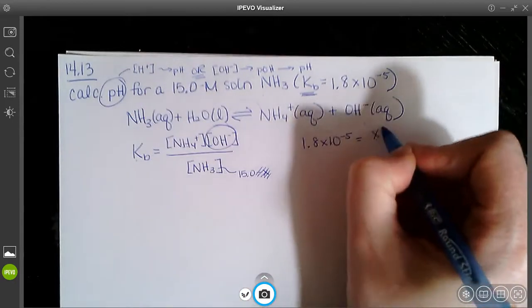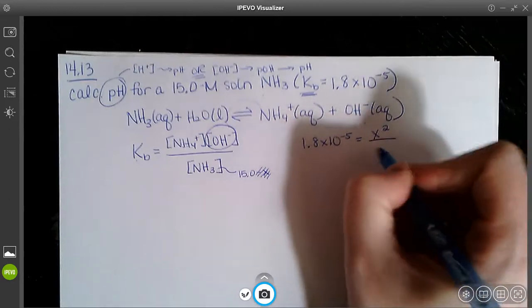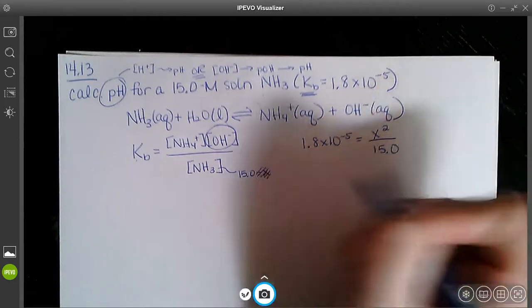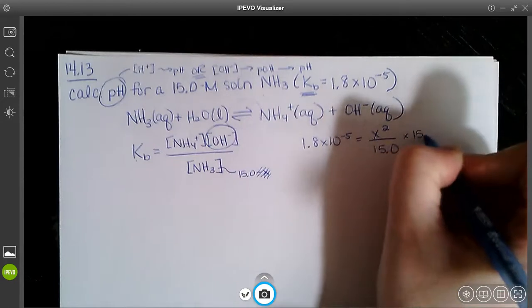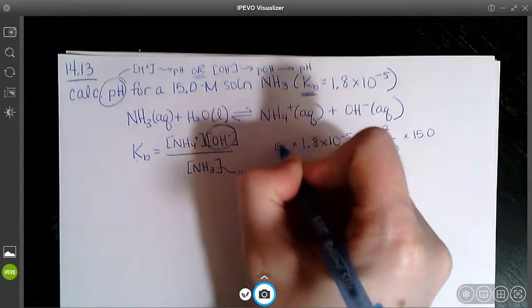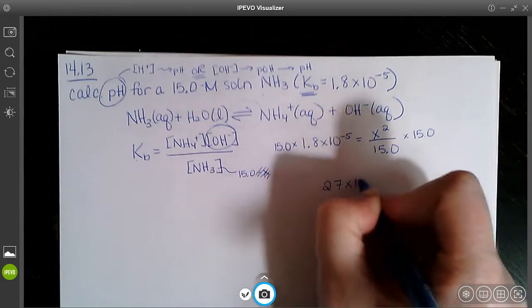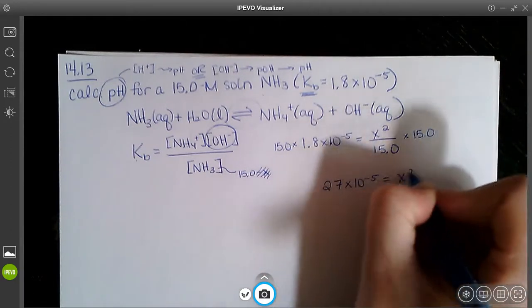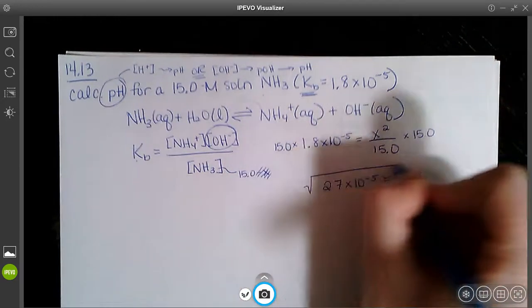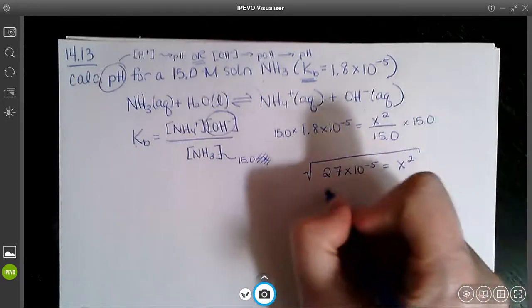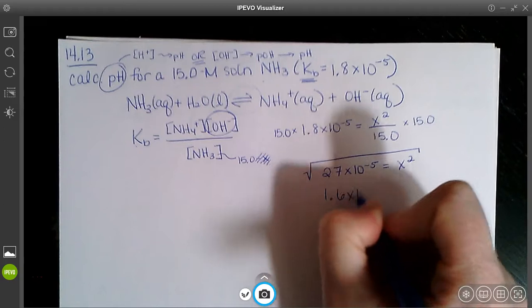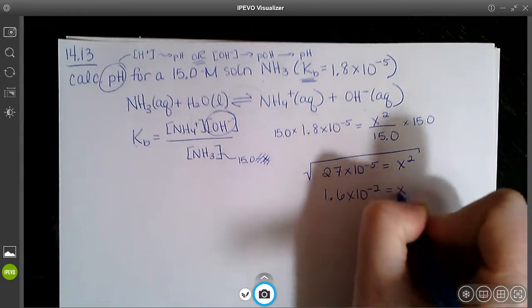I multiply both sides by 15.0. That's going to get me 27 times 10 to the negative 5th equals X squared. I take the square root, and that's going to give me 1.6 times 10 to the negative 2 equals X.